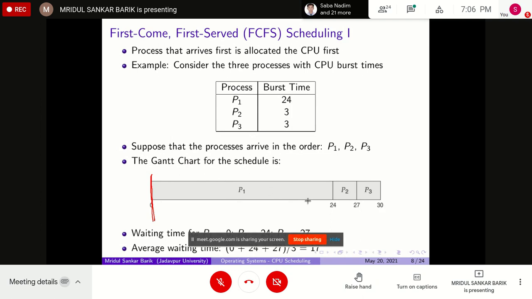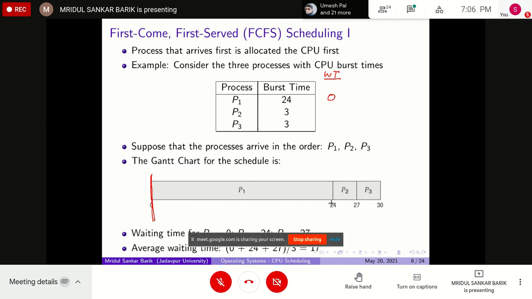Now if you try to determine the waiting time for the different processes: process P1 came at time 0 and was given the CPU at time 0, so its waiting time is 0.